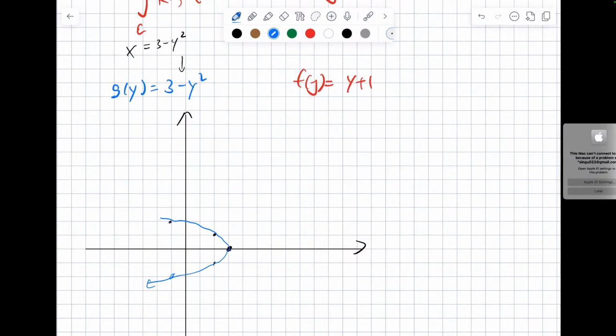How do you graph x equal to y plus 1? What does that graph look like?